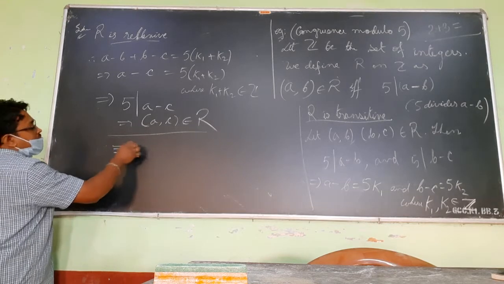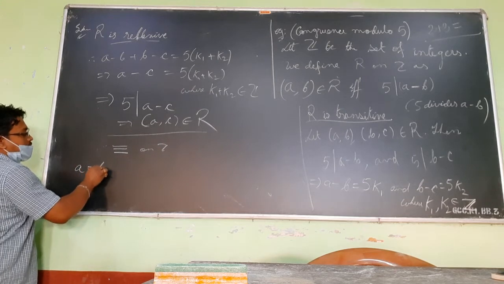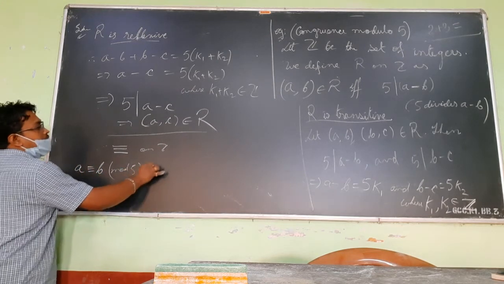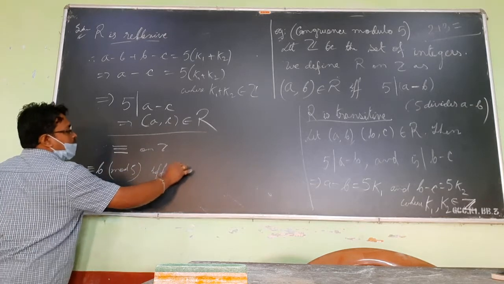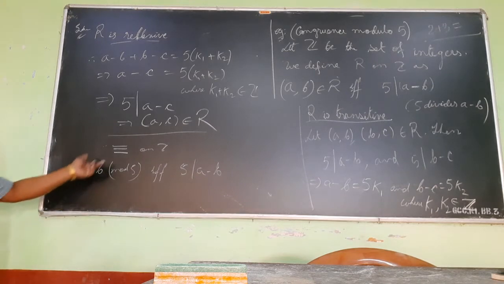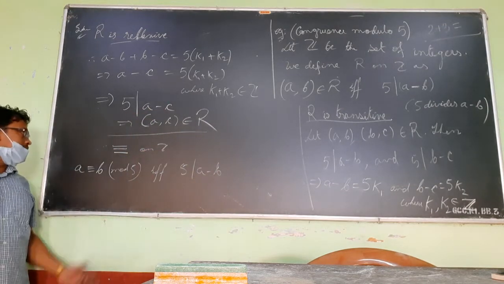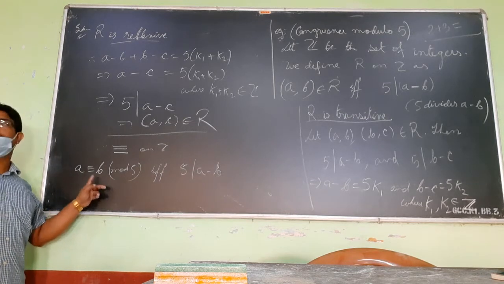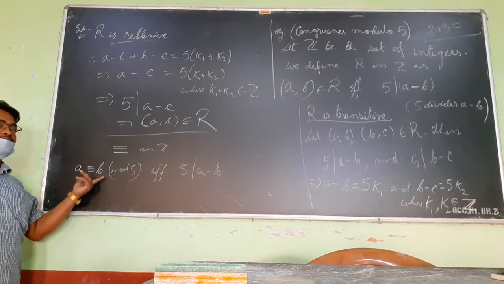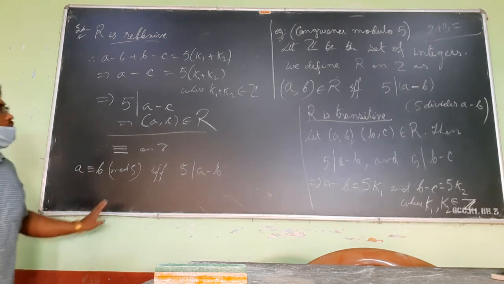We define a relation on Z as A congruent to B mod 5 if and only if 5 divides A minus B. If it is something like this also, no problem. The proof is exactly the same. Instead of writing (A, B) belongs to R, just write let A be congruent to B. Then you show that B is congruent to A. So don't get confused.